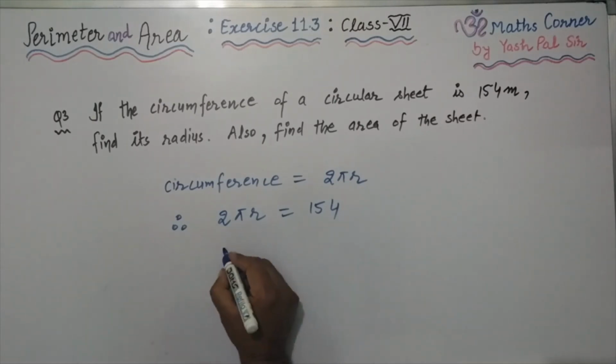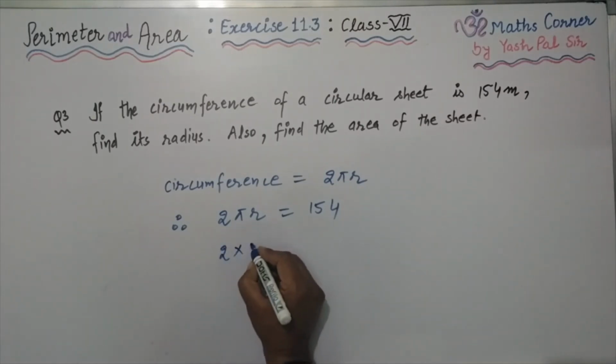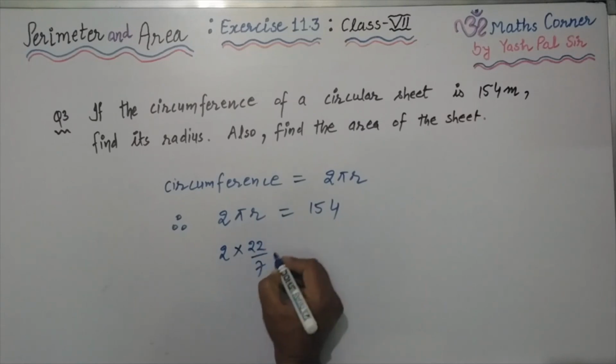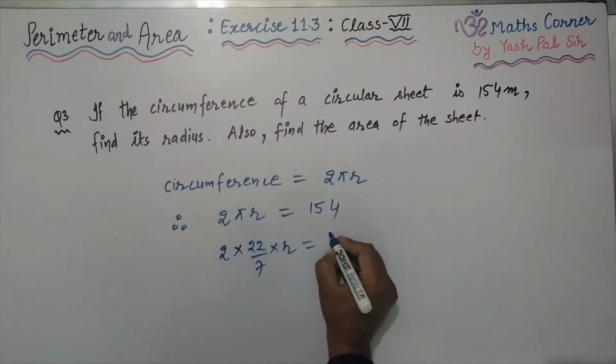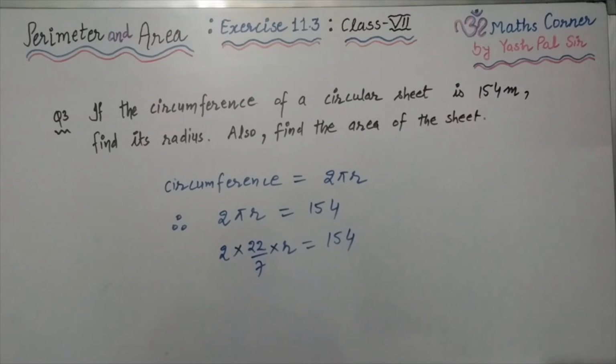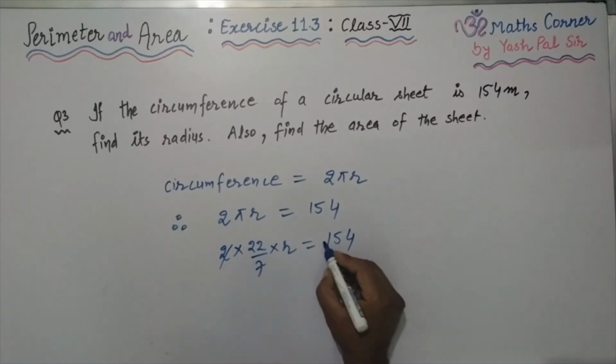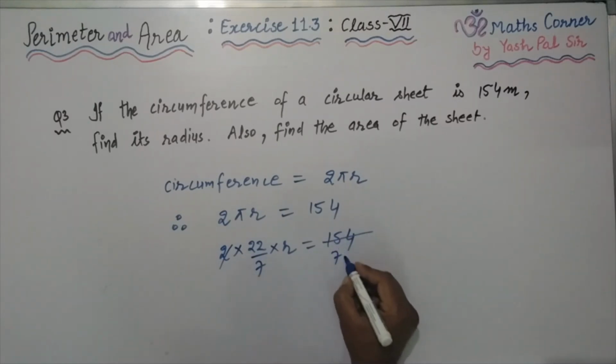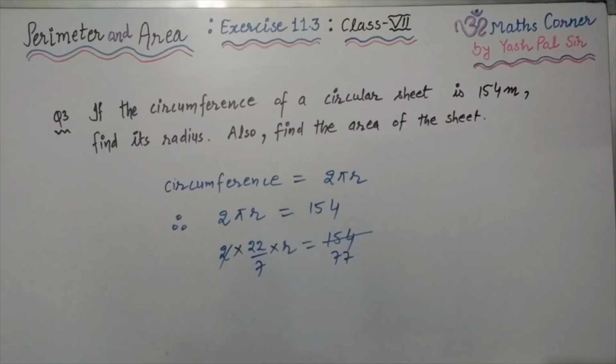154. From here we can see 2 into 22 upon 7 into r is equal to 154. Right? So we can divide here by 2 both sides. 2 ones are 2. Here this is 7 twos are 14, 7 twos are 14. Right? Now from here r is equal to 77 into 7 divide 22.